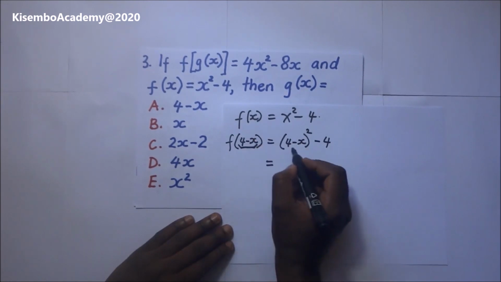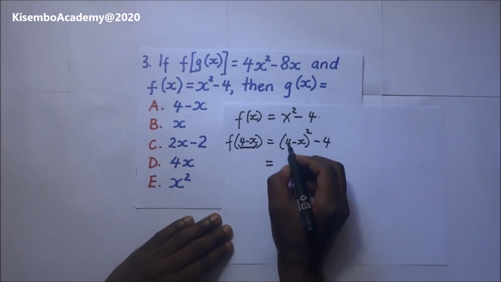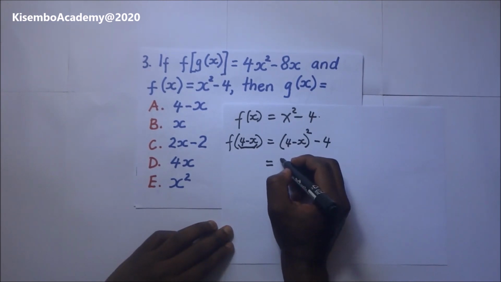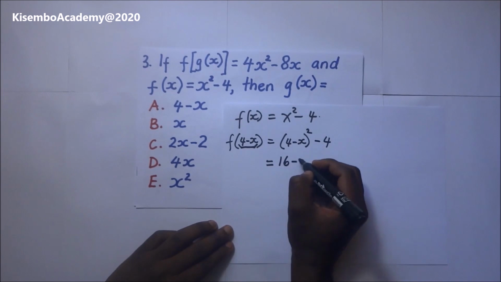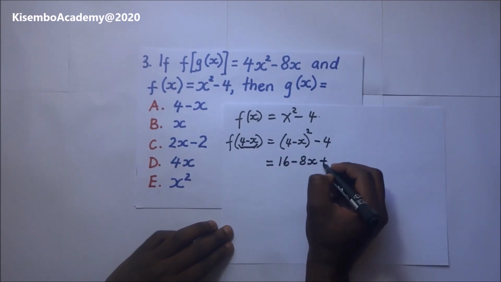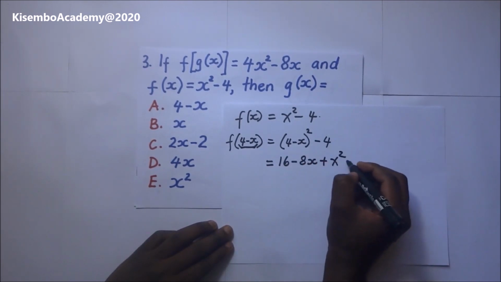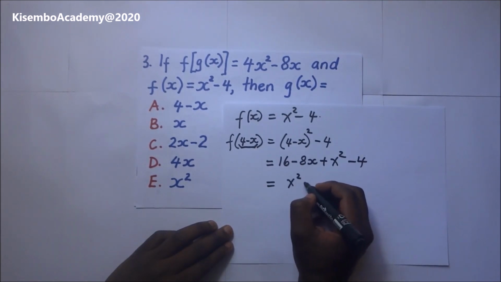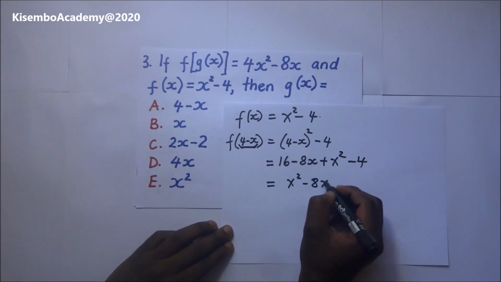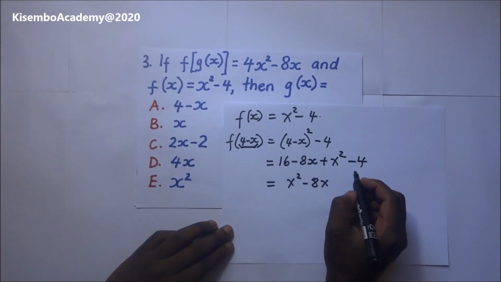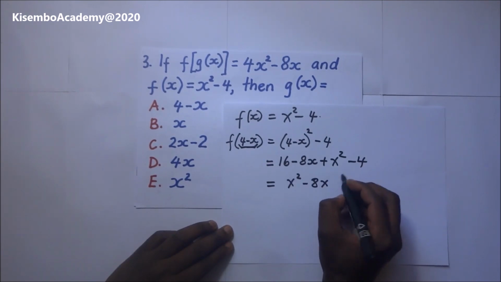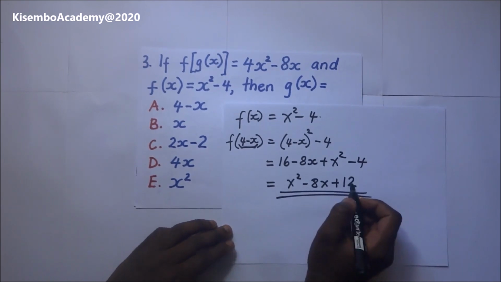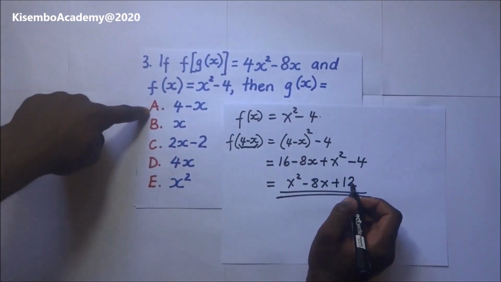So 4 squared is 16, minus 8x plus x squared, minus 4. This becomes x squared minus 8x plus 12. Now this expression is not that, so a is out.